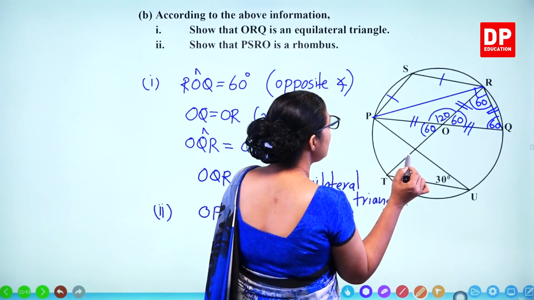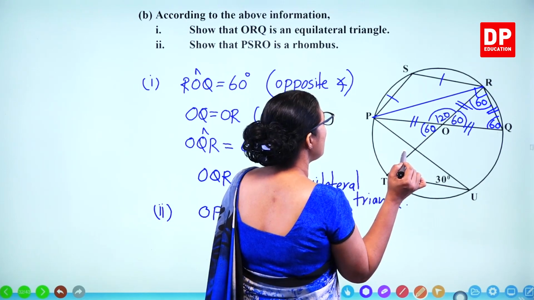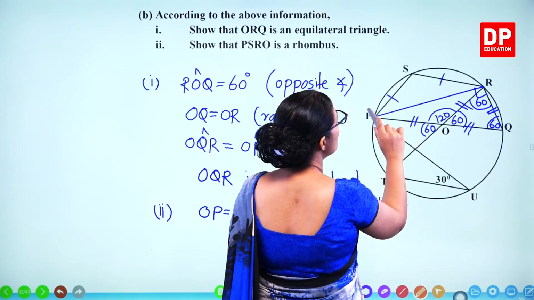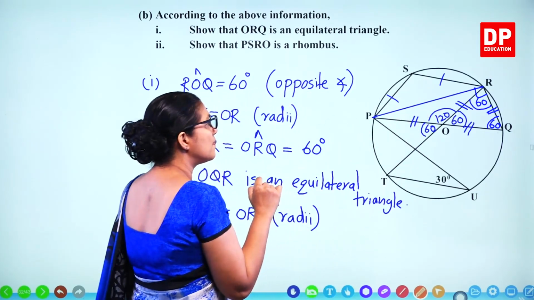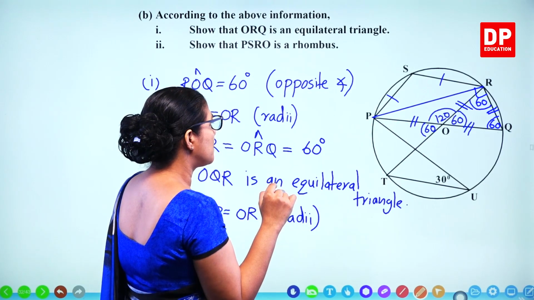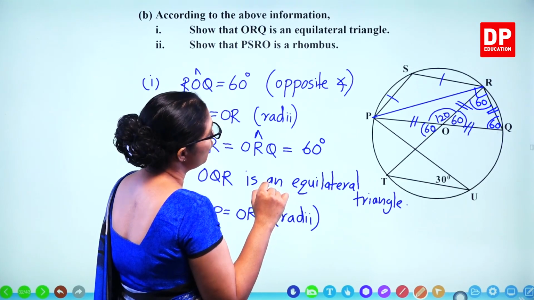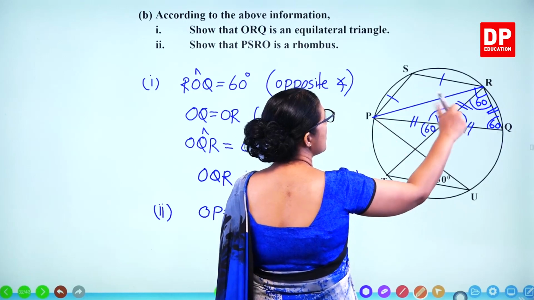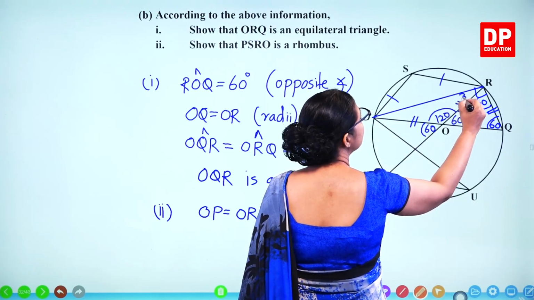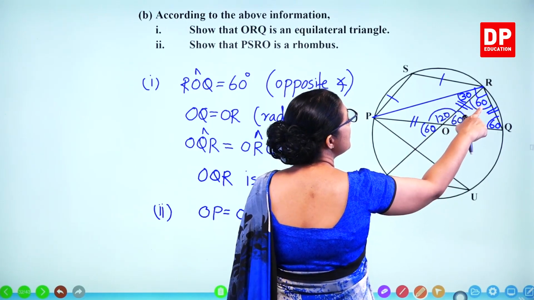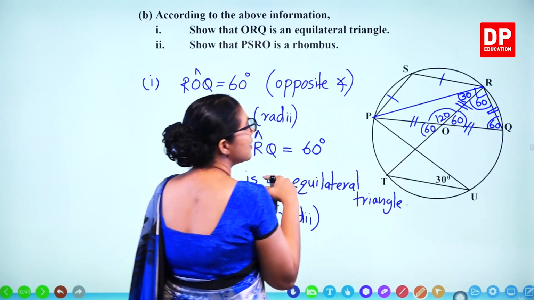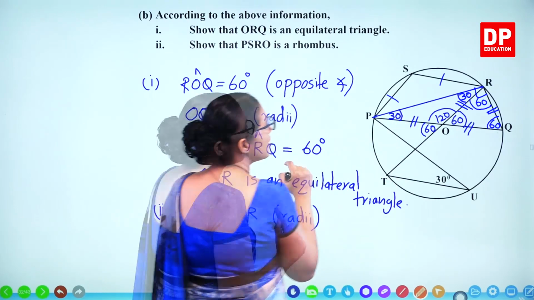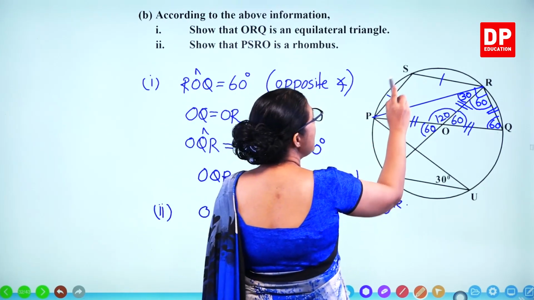Then what can you do? How can you show these two? So these two lengths are equal. We have to find out one angle. See? This one and this one. This is 30, this is 30. And if this is 30 and this is also 30, now look at carefully.